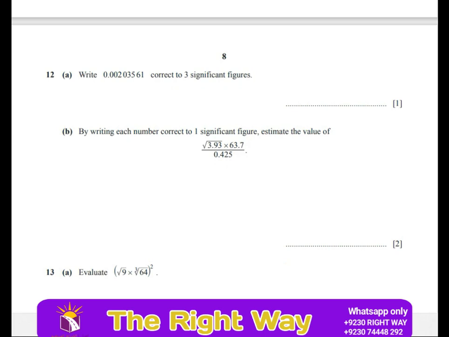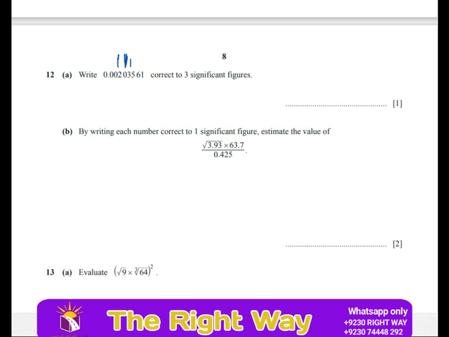Question number 12. Write 0.00203561 correct to three significant figures. Now, which one is the first significant figure? 2 is the first non-zero digit and it's the first significant figure. The 0 between two significant figures is also significant.